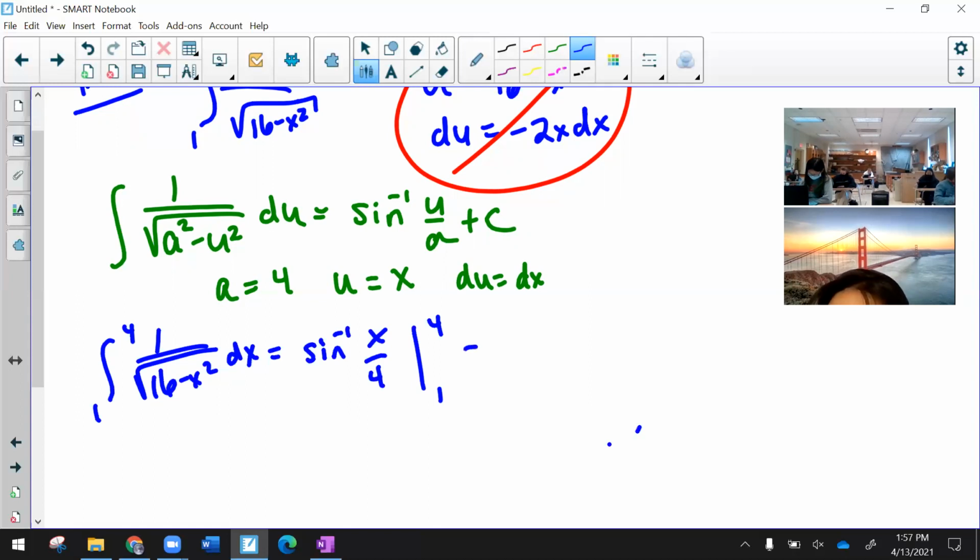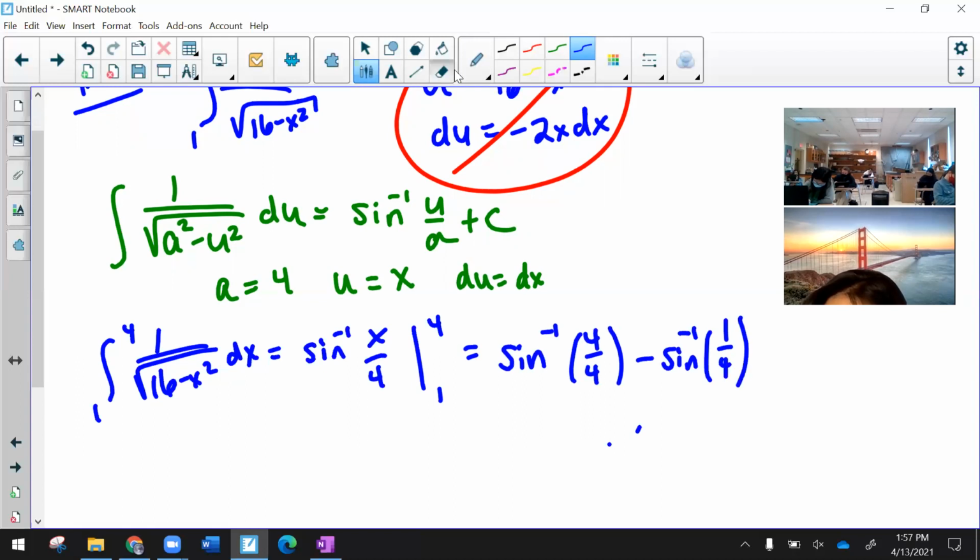So we're going to sub in. I've got the inverse sine of 4 over 4 minus the inverse sine of 1 over 4. Four over 4 is really just 1. And then you've got to remember what inverse sine means.